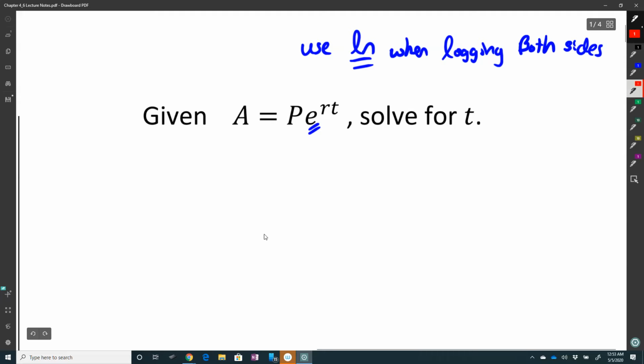So for this one, the first step you're going to do, same as before, I divide by p. And we divide by p because, remember, there's two things being multiplied. P times e to the rt. And if we're going to do any logging, the e to the rt has to be by itself.